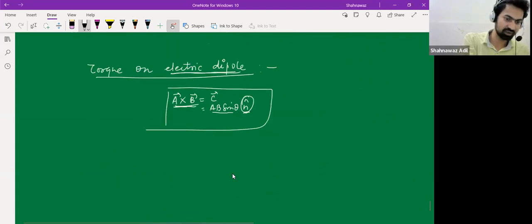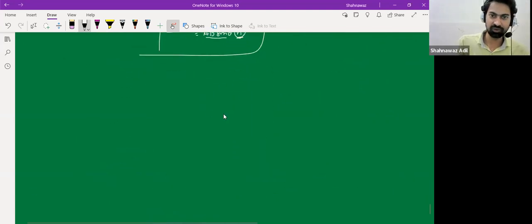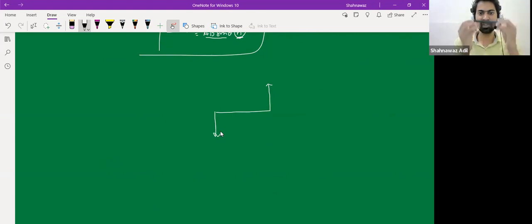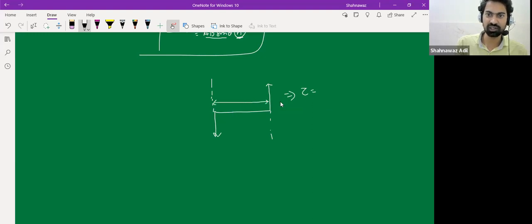Yes, guys. We have this couple force, so this is acting in this way. This will create some rotational force, and that is the torque. This is the line of action, and torque is defined as the product of the distance between the lines of action, let's say D, and the couple force.